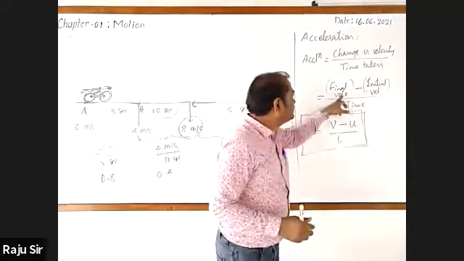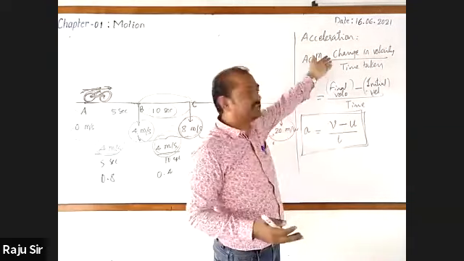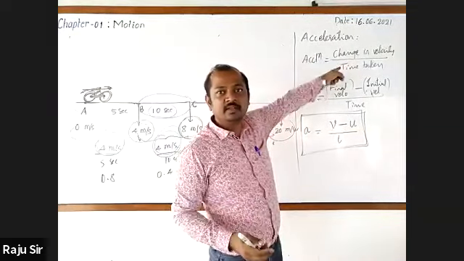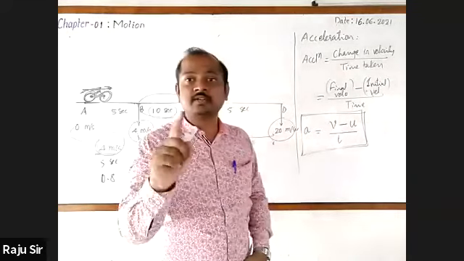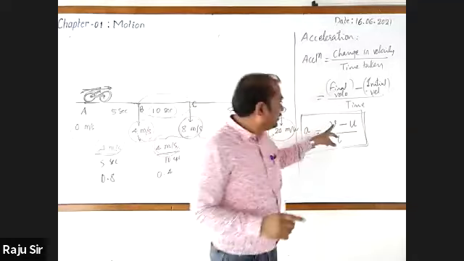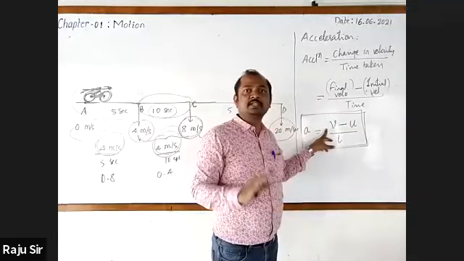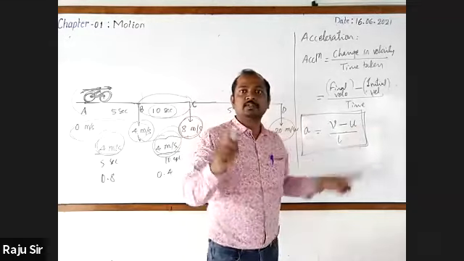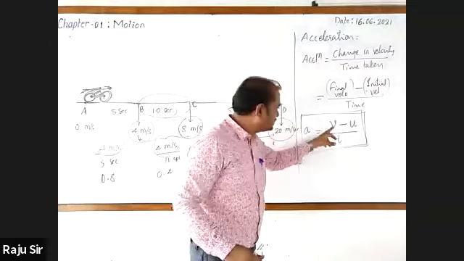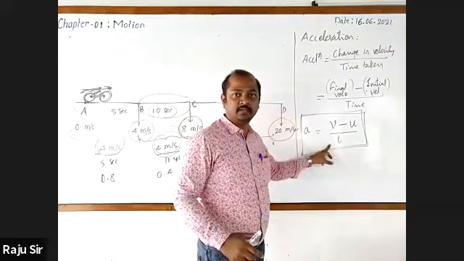It is change in velocity. The numerator is change in velocity by time taken. V minus U, change in velocity. If I ask you only V, it is final velocity. Only U, initial velocity. V minus U, change in velocity, by time taken.